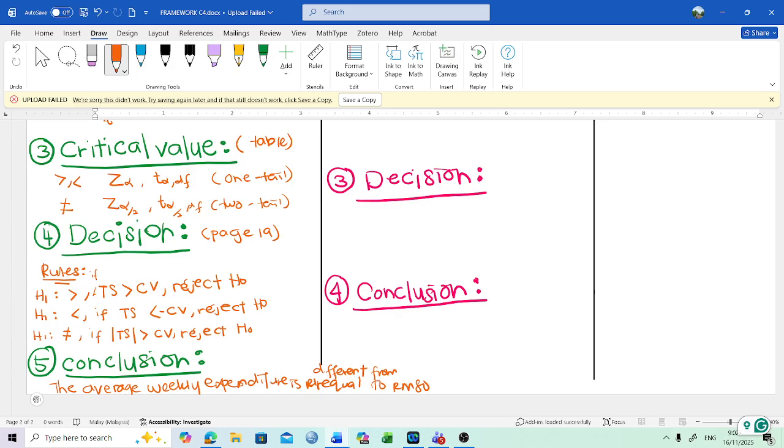Your conclusion is based on your decision, whether you reject or fail to reject. If you fail to reject, then your conclusion is the average weekly expenditure is equal to 80 ringgit. That is if your decision is fail to reject.